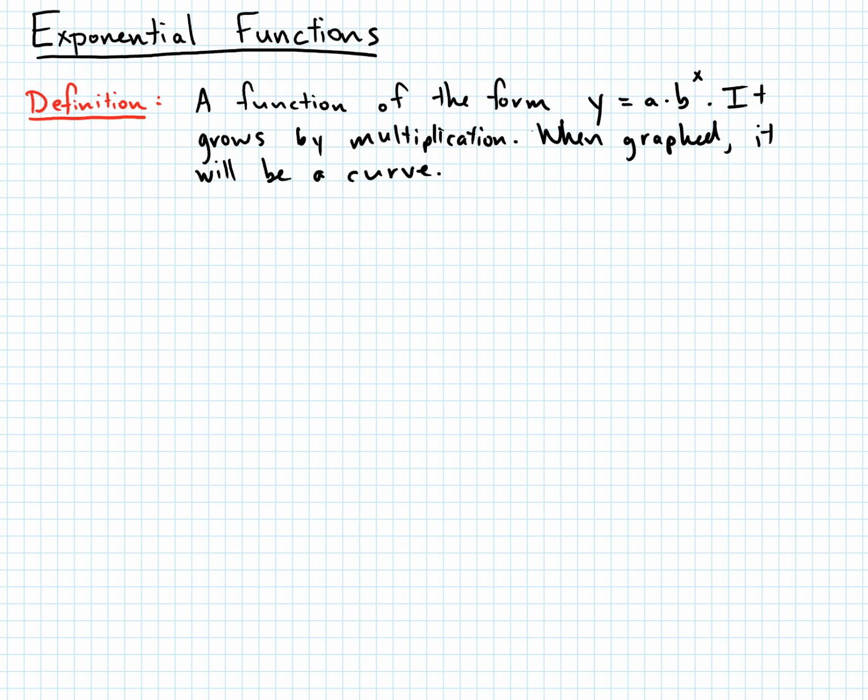Let's look at the equation more closely. Y equals a times b raised to the power x. This a, the coefficient, is the y-intercept. We have a b, and the b is what's known as the multiplier.